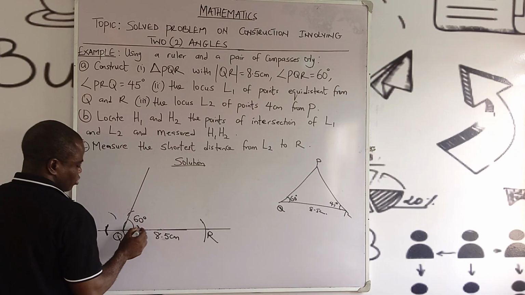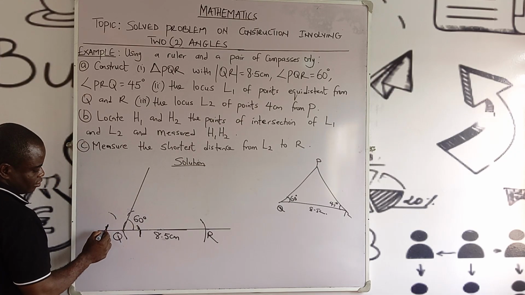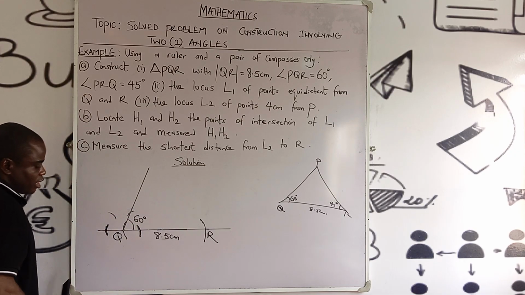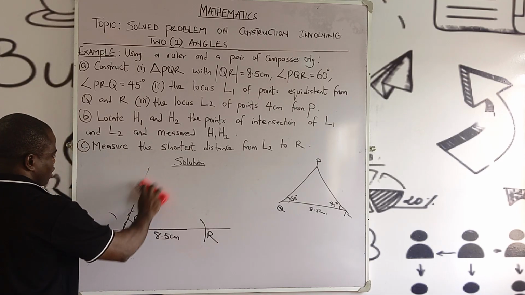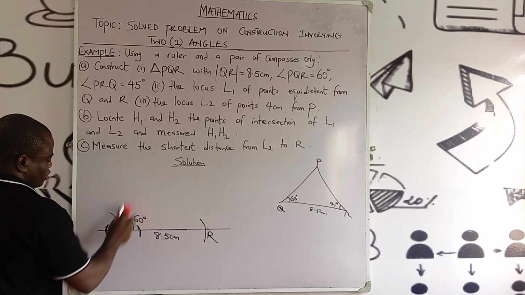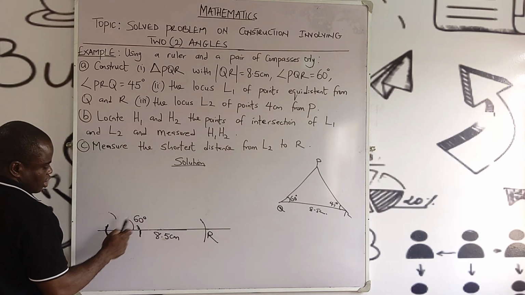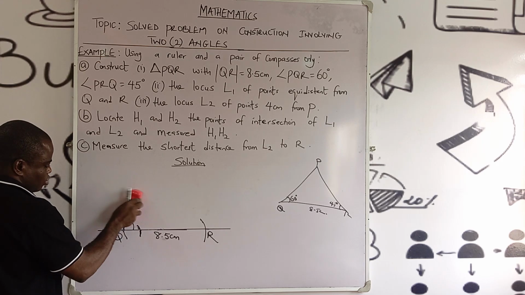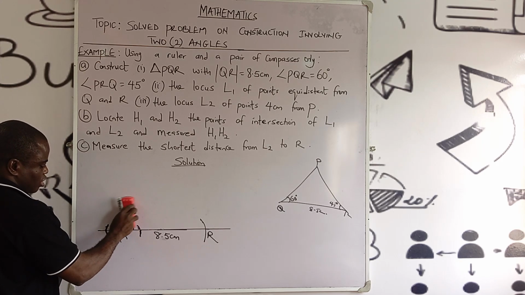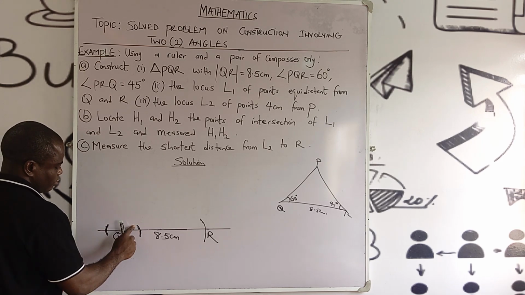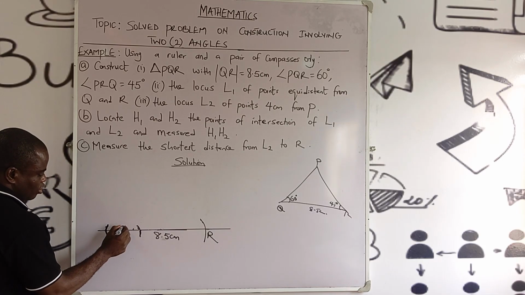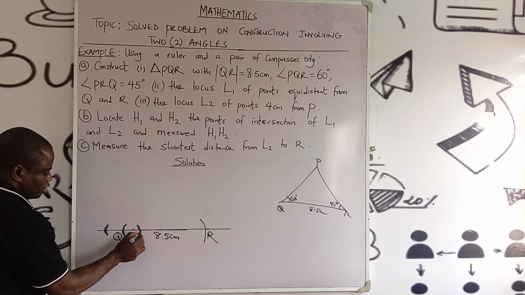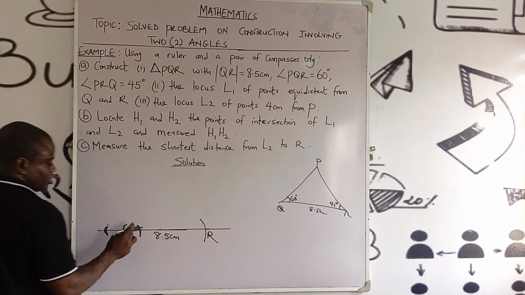Now, don't forget that when you make this arc, for you to be well cleared, let's do it like this for more clarification. When you bring your compass at this point, you bisect with the same radius.